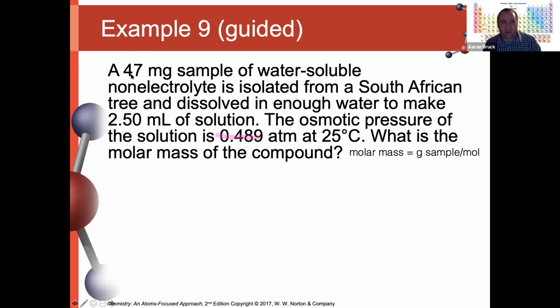And the way that I can do that is understanding, okay, osmotic pressure is equal to molarity times R times T. Well, I've got my T. R is dictated by this value here, and I've got my value of pi. I can solve for molarity.